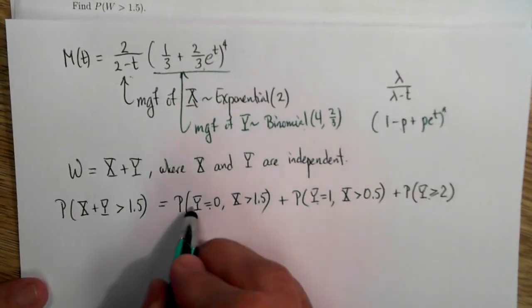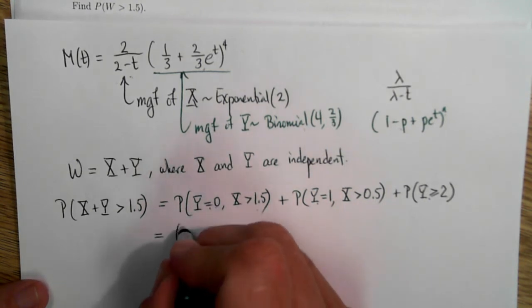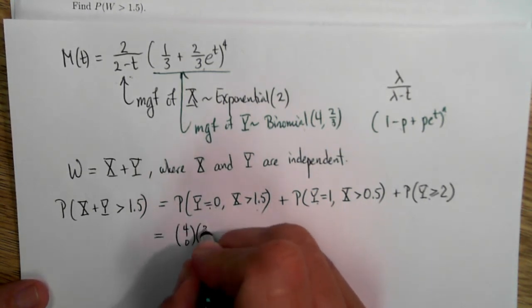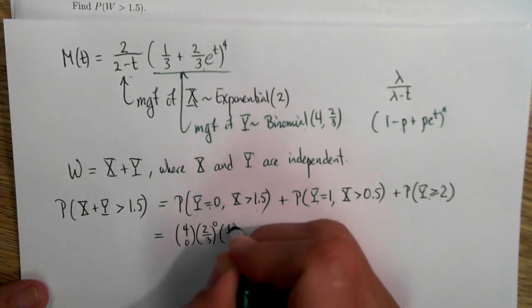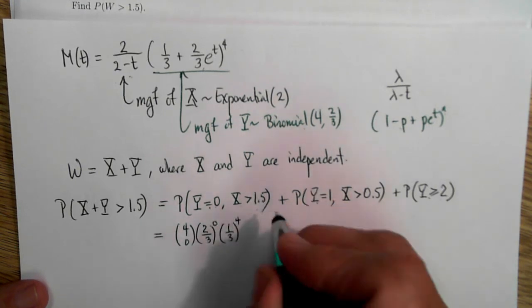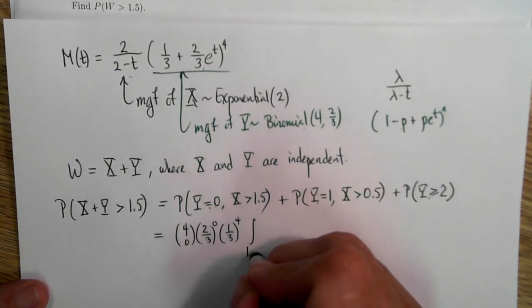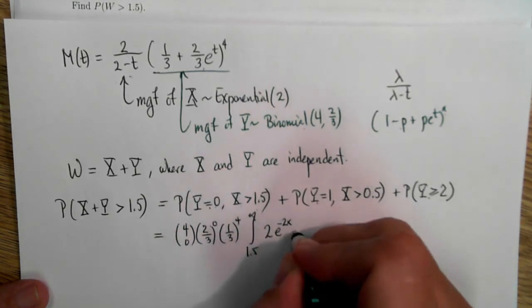Okay, so now we have independent events here. The chance that y is equal to 0 will be 4 choose 0, (2/3) to the 0, (1/3) to the fourth power. That's the chance that y equals 0. The chance that x is greater than or equal to 1.5 is the integral from 1.5 to infinity of 2e to the minus 2x dx.